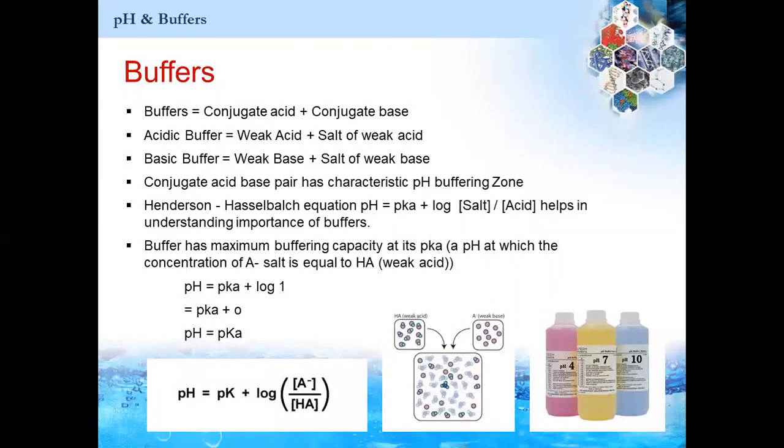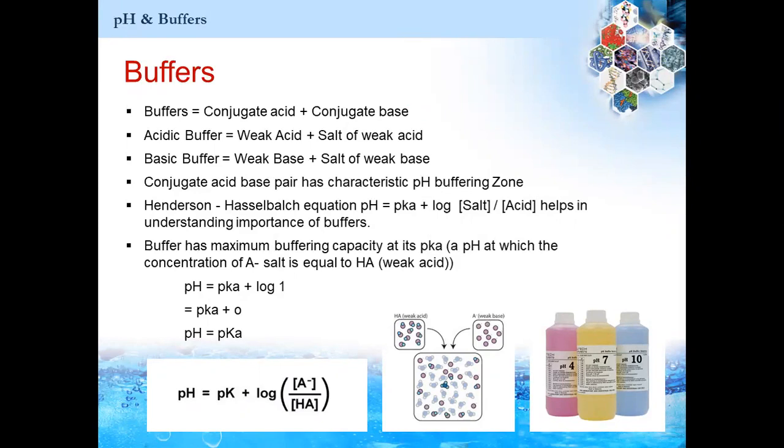buffers are known to be made up of two components. Usually it has a weak acid component along with its conjugate base. So the buffers are again of two types, acidic buffer and basic buffer. In an acidic buffer, we have the composition made out of a weak acid plus the salt of a weak acid.